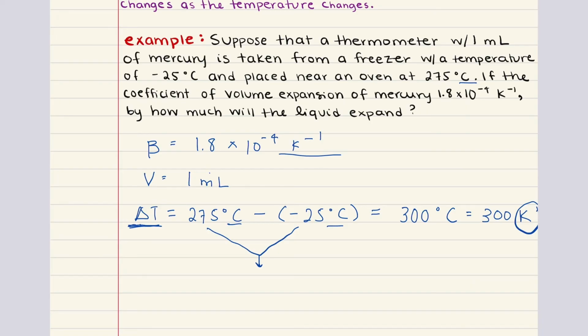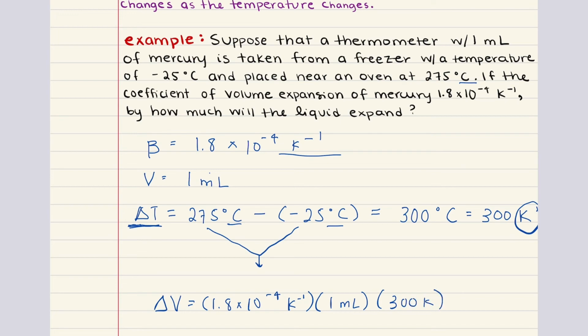Now that we have all three of these quantities, we can go ahead and plug them into our equation to calculate how much the liquid will expand. The change in volume is going to be equal to 1.8 times 10 to the negative 4 inverse Kelvin multiplied by 1 milliliter multiplied by 300 Kelvin.